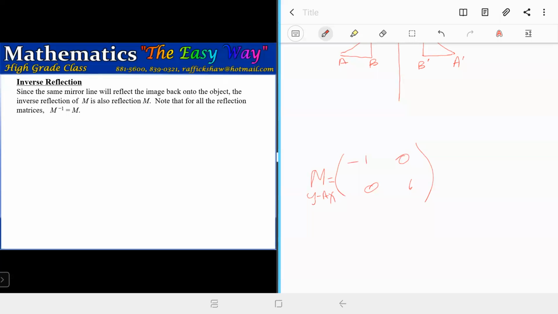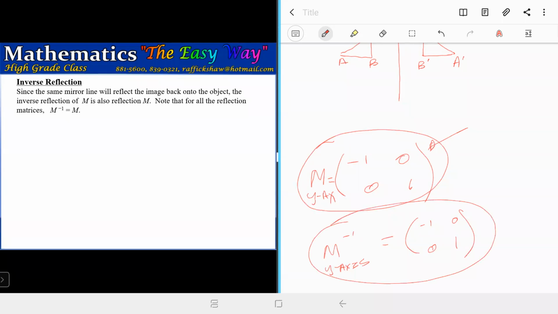If you calculate the inverse of this matrix, which is the matrix that will reverse reflecting in the y-axis, you're going to get back the same matrix. So M to the minus 1 of the y-axis reflection is the same matrix, minus 1, 0, 0, 1. If you want to calculate it, you can. That means the inverse of a reflection is the same reflection.